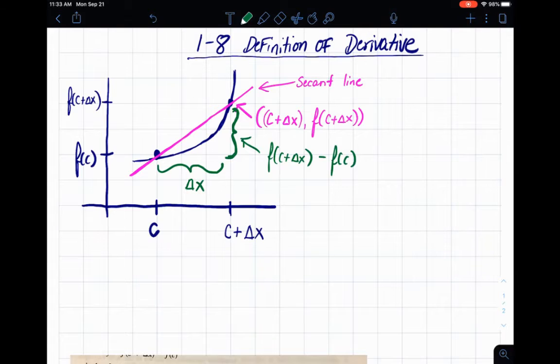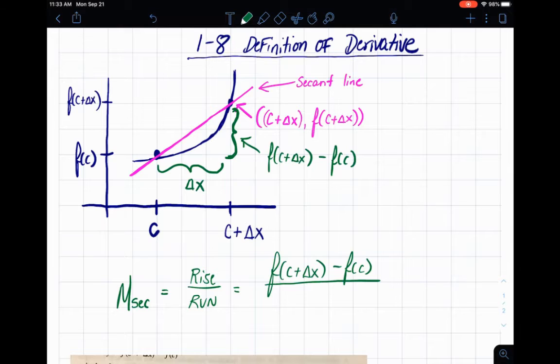Okay, so when we're figuring out this definition, we want to say the slope of the secant line here. So remember, we always use m for slope. So the slope of our secant line would be rise over run. And in this case, our rise is f of c plus delta x minus f of c.